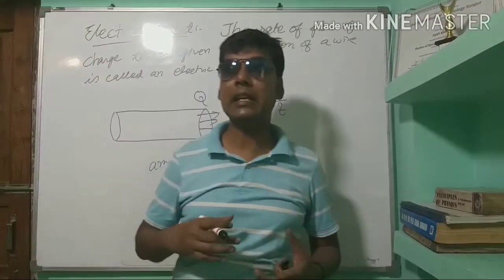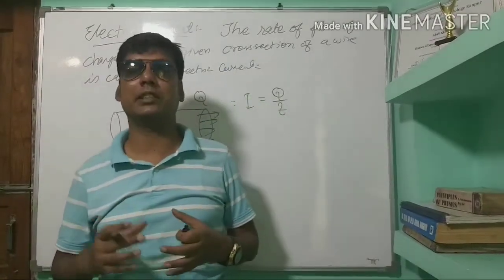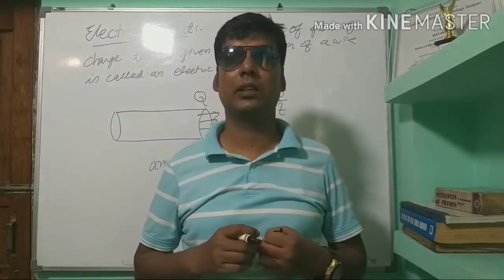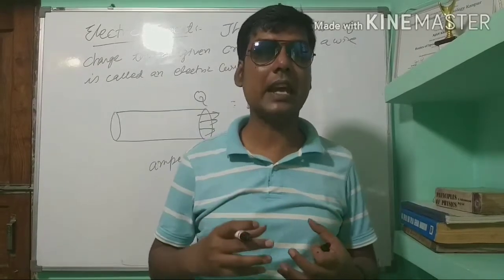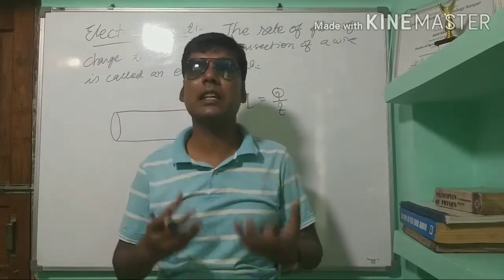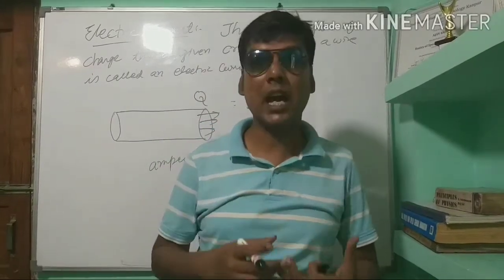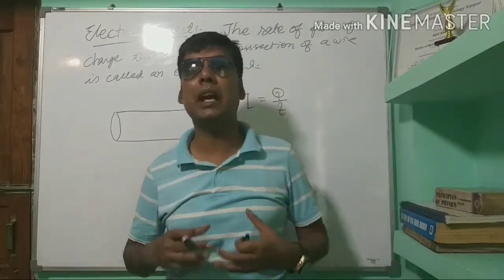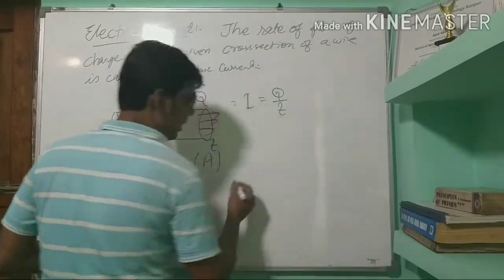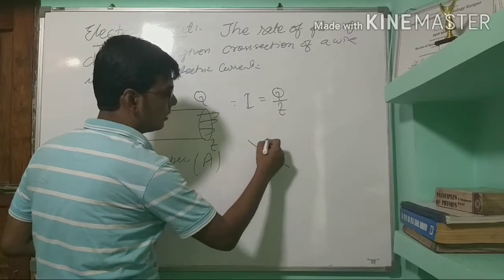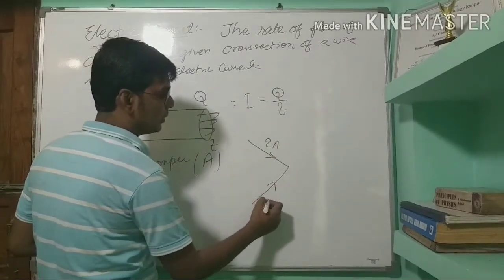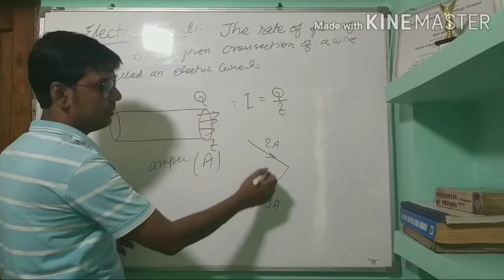The electric current has magnitude as well as direction, although it is a scalar quantity. Why? Because we do simple algebraic calculation with current. For example, 2 ampere of current coming from this direction, and suppose 3 ampere of current from this direction.